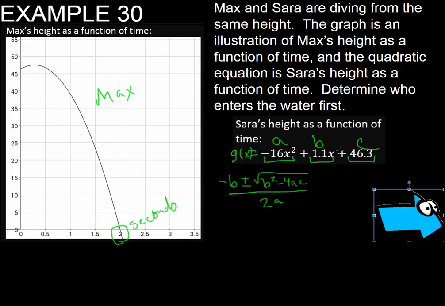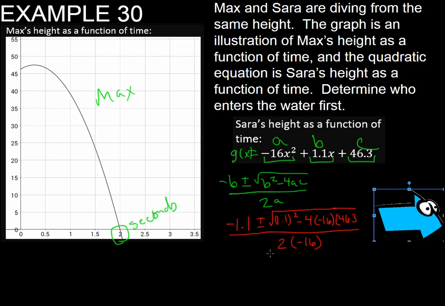We have negative b, so that's negative 1.1, plus or minus the square root of b squared, which is 1.1 squared, minus 4 times a, which is negative 16, times c, which is 46.3, all over 2 times negative 16, since that's what a is.